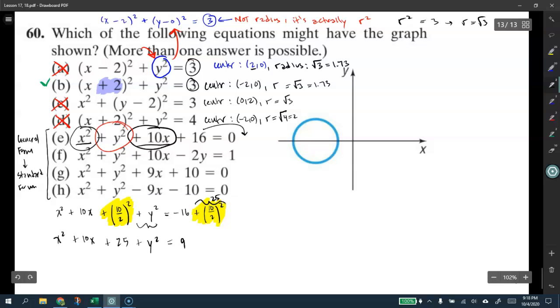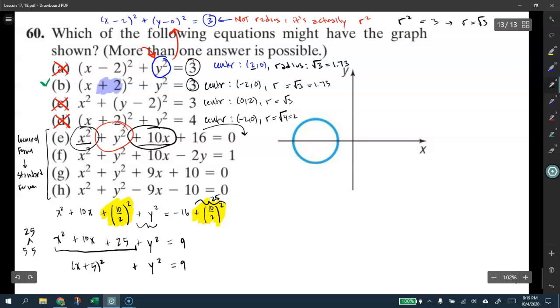So this is 9. So altogether, when you factorize x squared plus 10x plus 25, you're looking for two factors of 25 that are going to add up to 10, and those would be 5 and 5. So you end up with x plus 5 squared plus y squared is equal to 9.